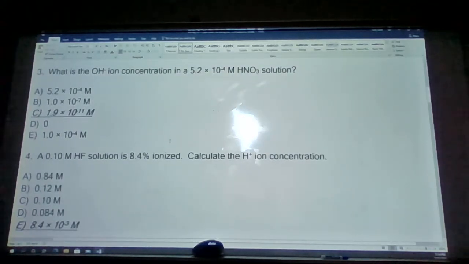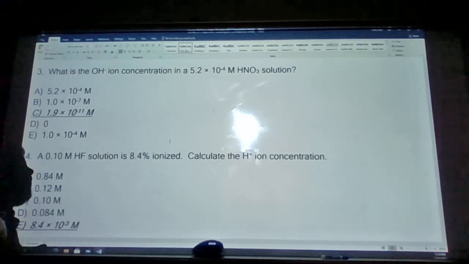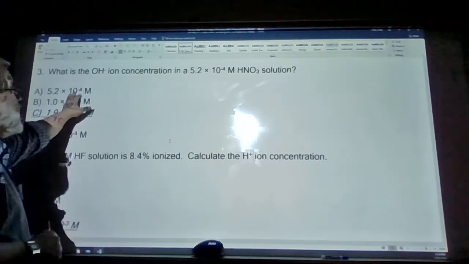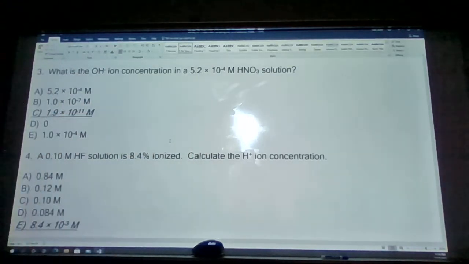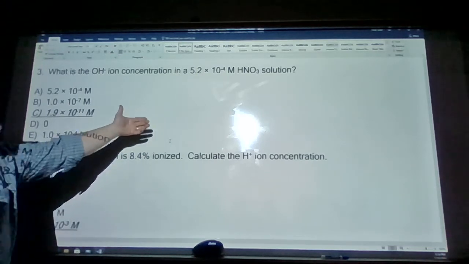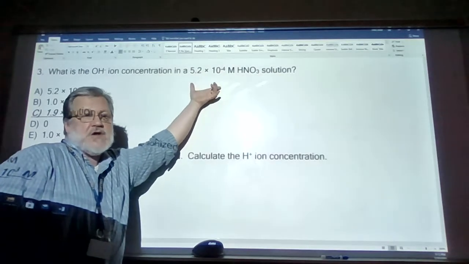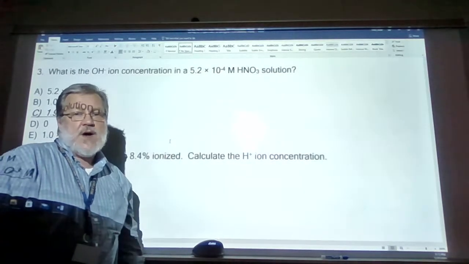Number 3, what is the OH minus ion concentration of a 5.2 times 10 to the minus 4 molar nitric acid solution? We are going to be calculating the concentration of H plus first, not OH minus.